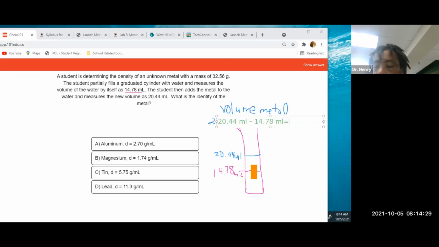Okay, so then I get 5.66 milliliters. Okay, so that would be the volume of the metal, not the density.